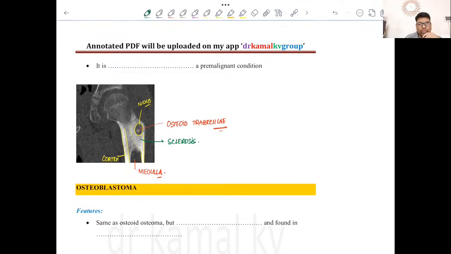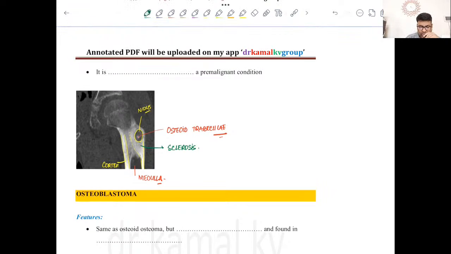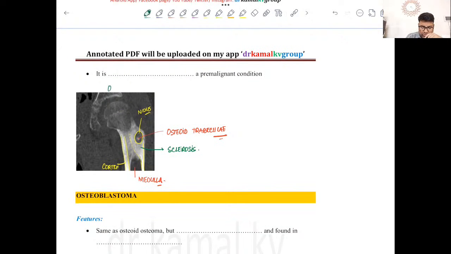So on radiology it is quite easy to identify. In fact, it is the easiest to identify the osteoid osteoma, because the very first thing you will see here is that it is involving only one cortex, right? See, the other side cortex is absolutely normal, so it is uninvolved.